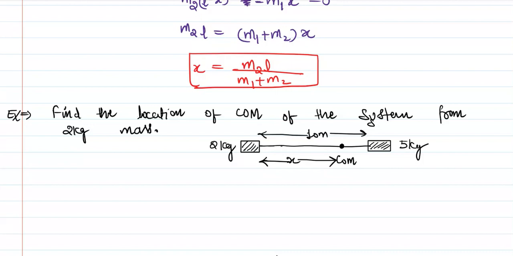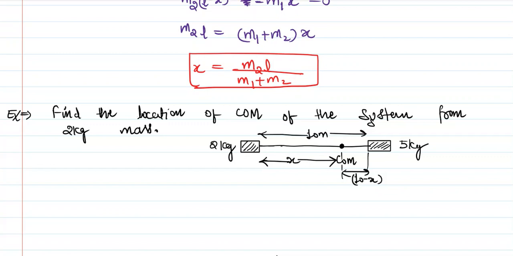That means from the 5 kg block its distance is going to be 10 minus x, because the total distance is 10 meter. They are situated at 10 meter distance apart.